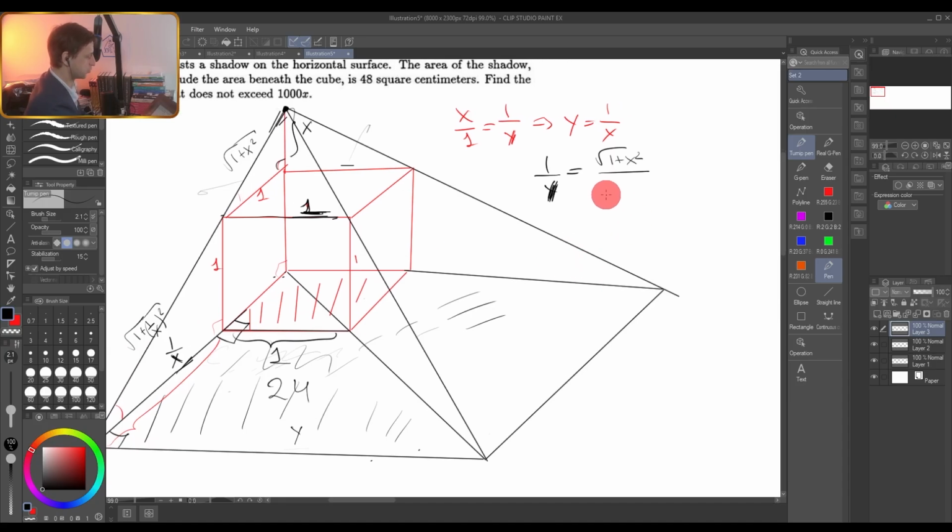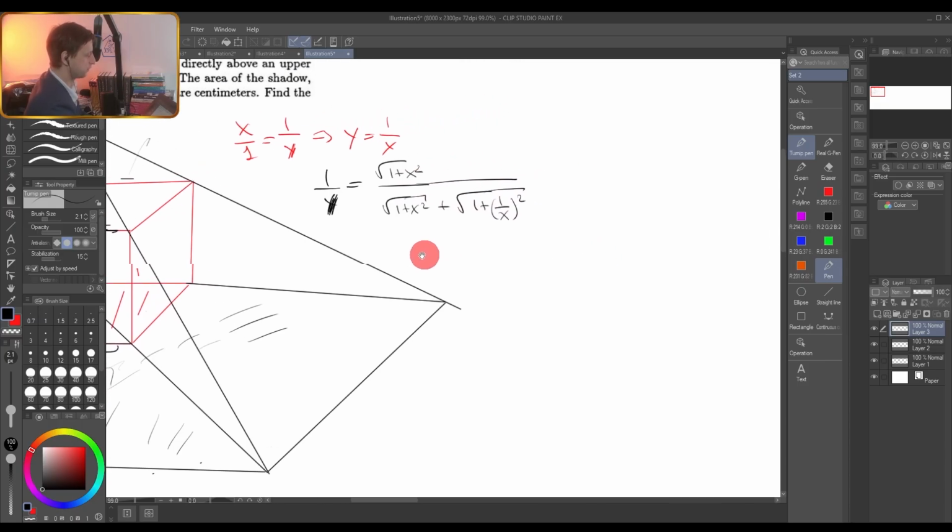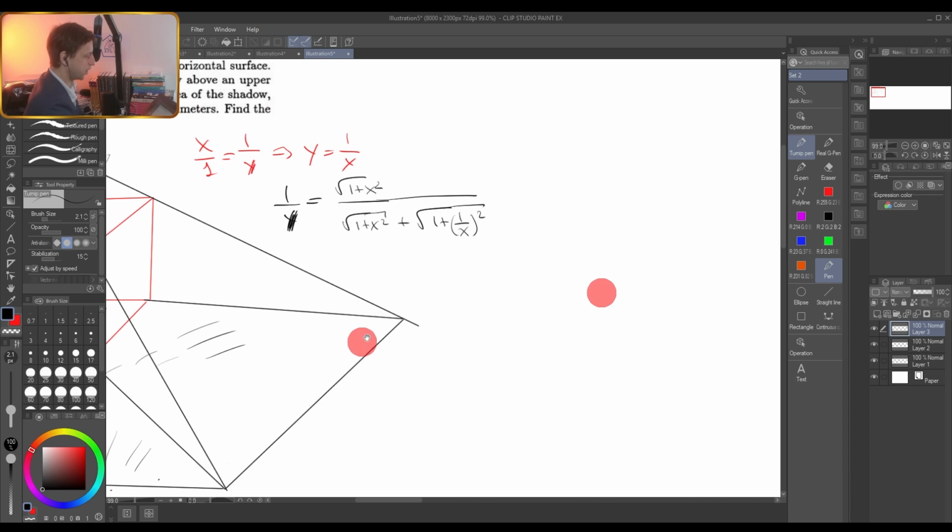It is equal to the square root of (1 plus x squared) plus (1 plus 1 over x) squared. Great, that's what we have. And after that, we can express y here. So y equals (1 plus x squared) plus (1 plus 1 over x) squared, I already squared all of that, and divided by this one, it will be 1 plus x squared.